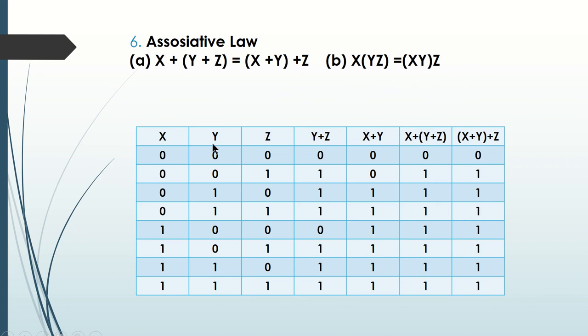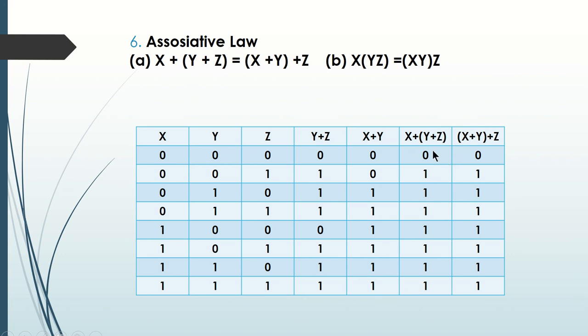So x, y and then z. When there are three variables, there are 8 different combinations. First you have to calculate from the left hand side, x plus of y plus z. So first you have to evaluate y plus z. Next you calculate x plus y, and then x plus of y plus z.